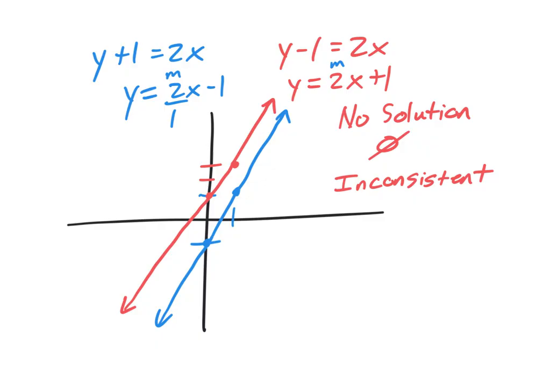We said just a second ago that consistent means it has a solution, so not consistent means no solution. Just kind of a way to think about the word, because otherwise you're like, okay, what's the difference between these 3? So, trick to kind of remember that. So we don't have to identify an ordered pair there, because there is no ordered pair. There is no point that those 2 lines share.